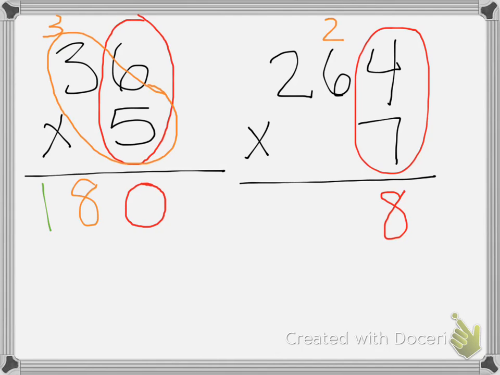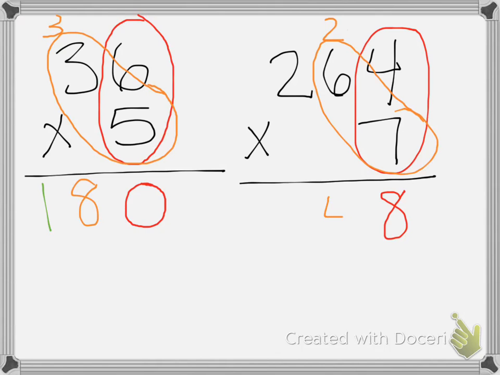Little 2. Step 2, multiply the tens. So circling in orange my tens. 7 times 6 tens is 42 tens. Plus my 2 left over, 42 tens plus 2 tens equals 44 tens, or 4 hundreds and 4 tens.